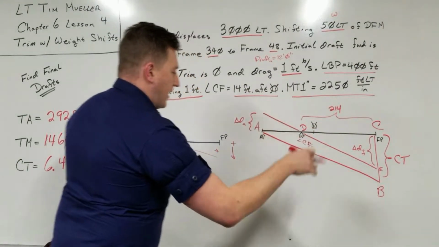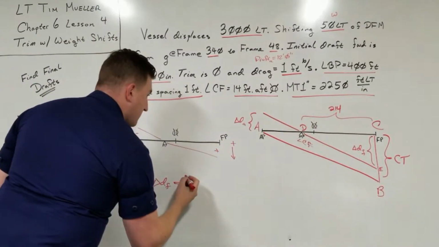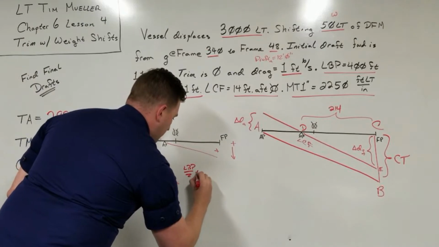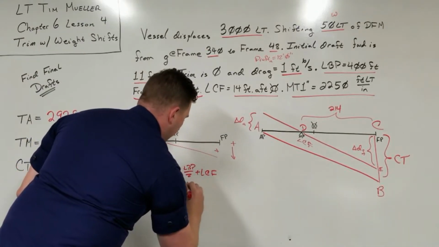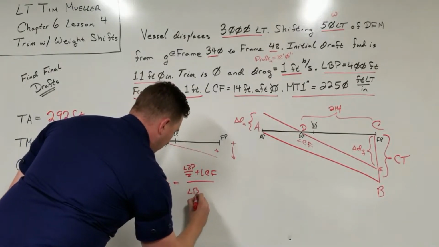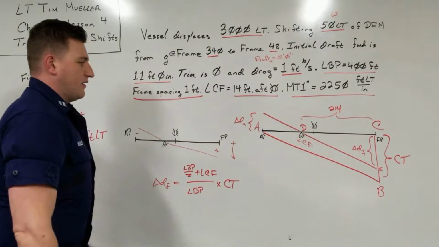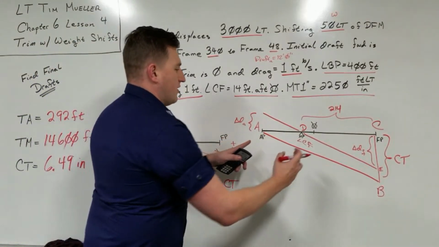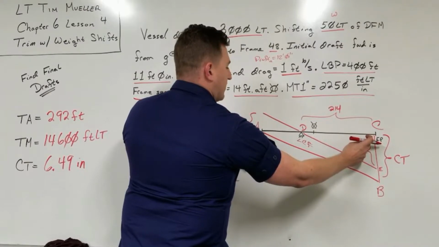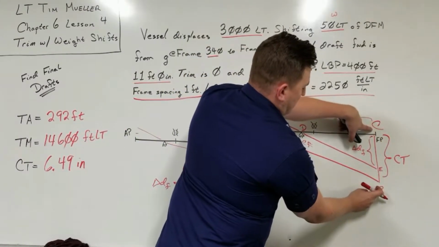So keeping that in mind, delta D forward equals my lever arm, LBP divided by 2 plus LCF, divided by the entire thing, which is LBP, and then I multiply it by CT. The ratio of this arm to this arm is going to be the same as the ratio of this to this.